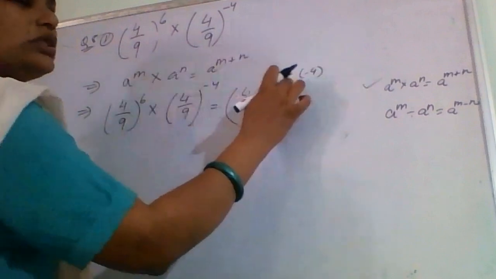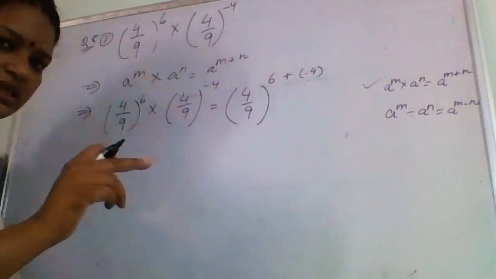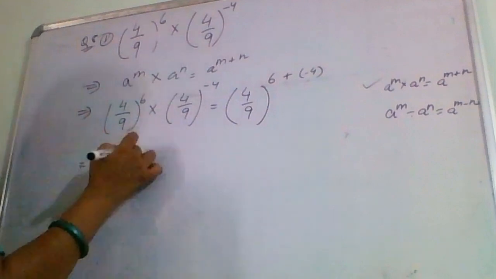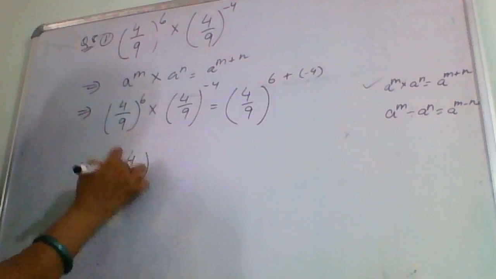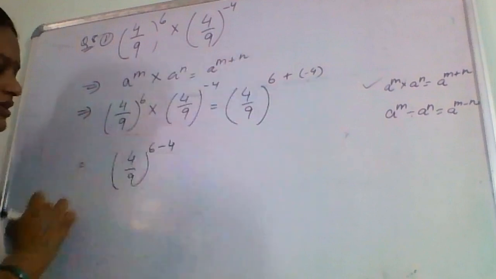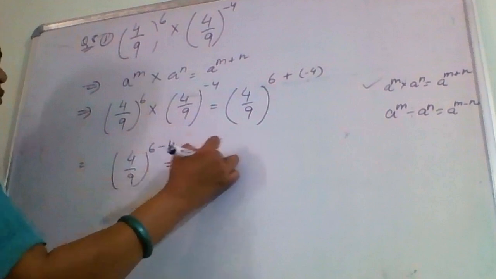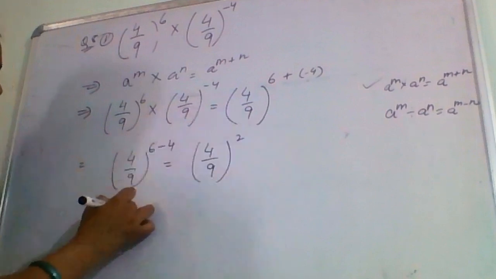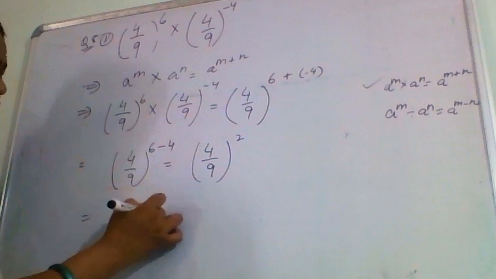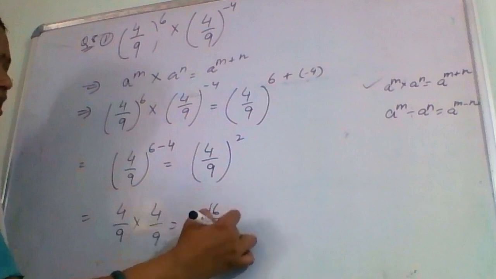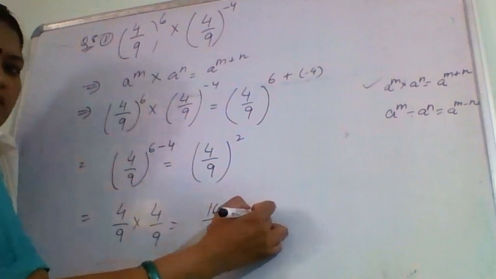Because 2 signs we cannot write simultaneously, so I kept the bracket. So what is that? 4 by 9. Now I solve the upper part. It is plus minus is minus, 6 minus 4. So 4 by 9 power is 2. 4 by 9 into 4 by 9 is 16 by 81. This is the answer.